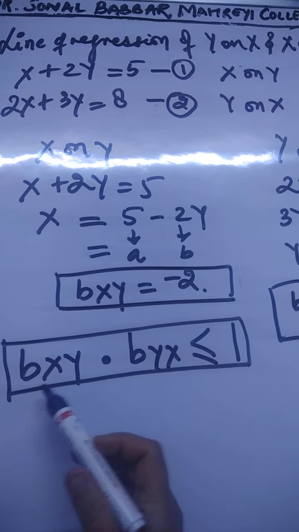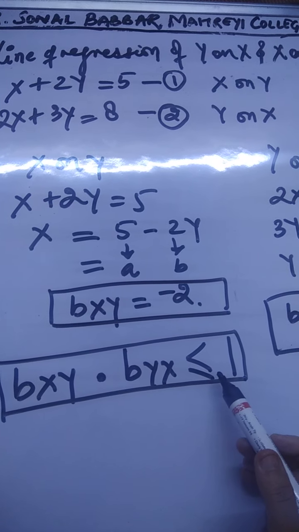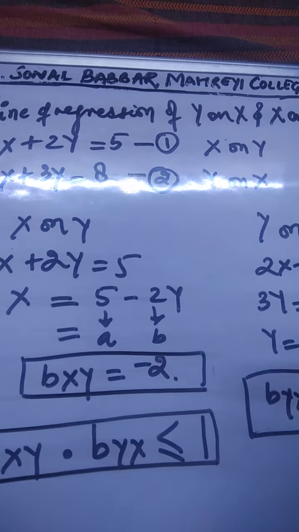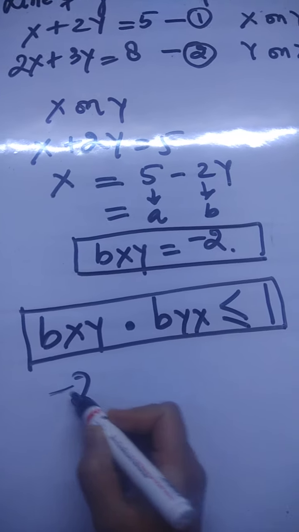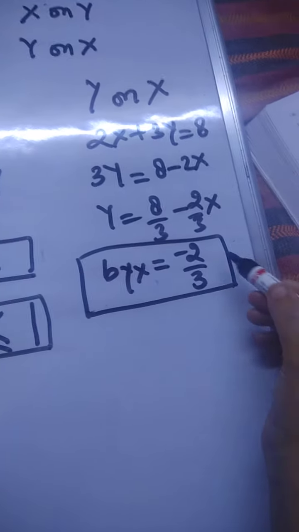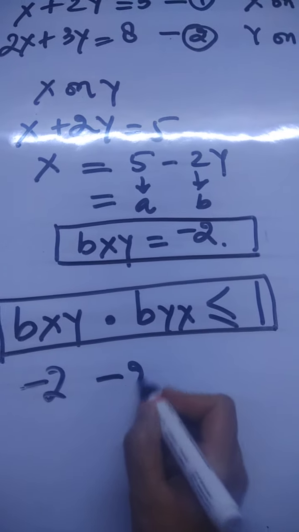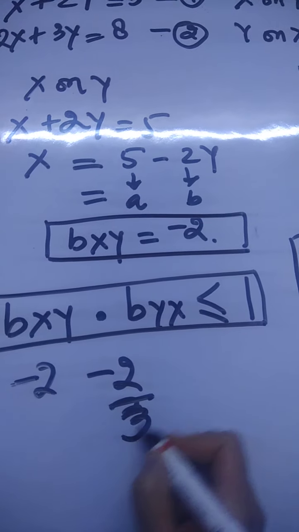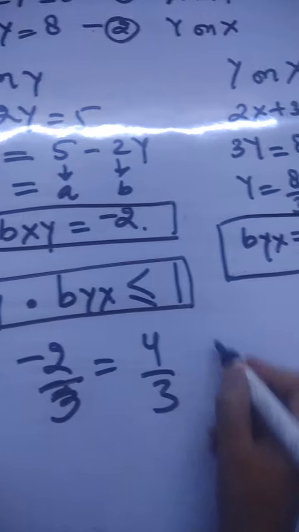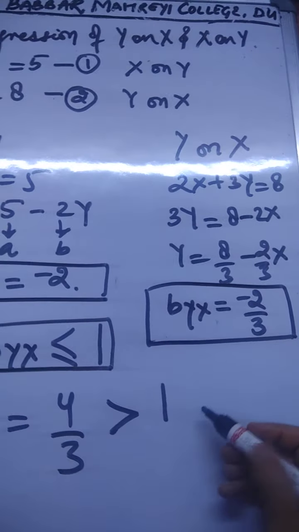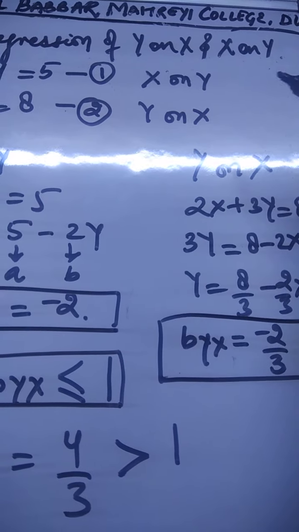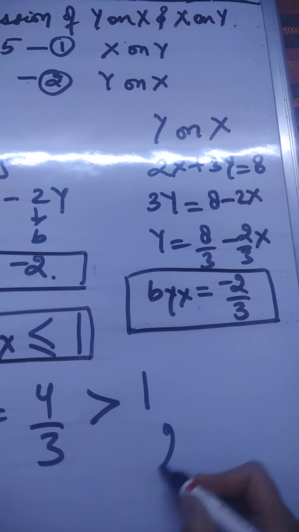If you get a product greater than 1, then your assumption was incorrect. When we proceed with the bxy and byx found in the question, we get 4 by 3, which is greater than 1. So the assumption we took about the equations being x on y or y on x is incorrect.